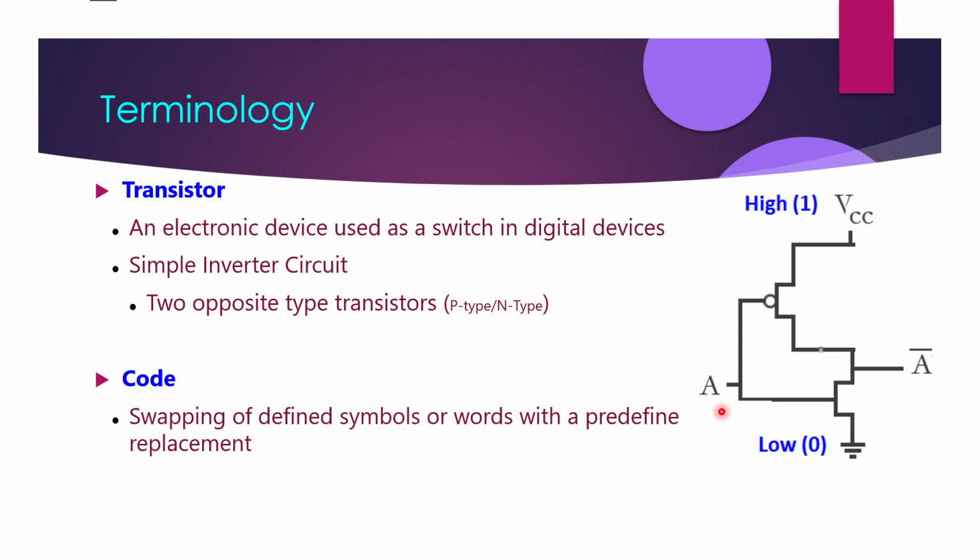If this is a 1, then it turns on the lower transistor, bringing the output down low. If this is a 0, then the lower transistor is turned off, but the upper transistor is turned on, which is pulling the output high.